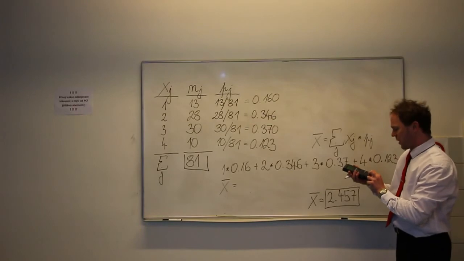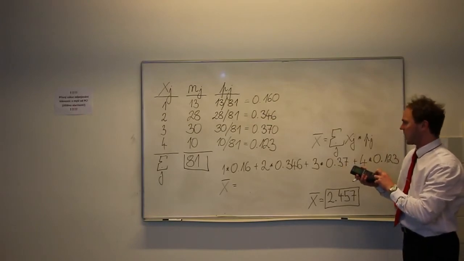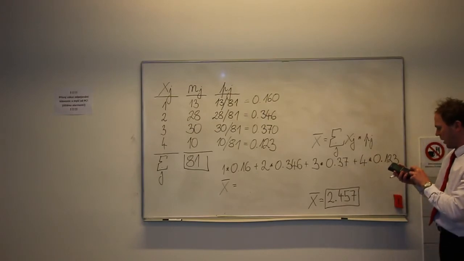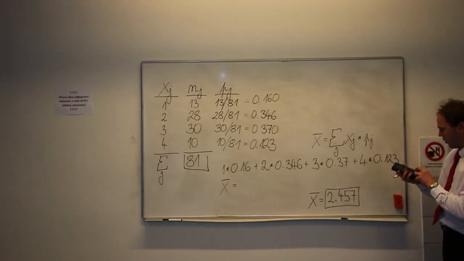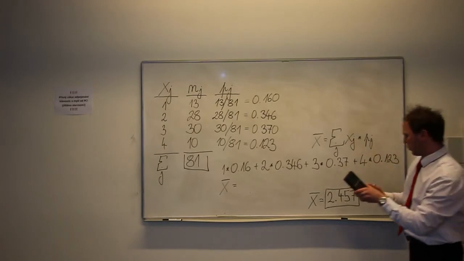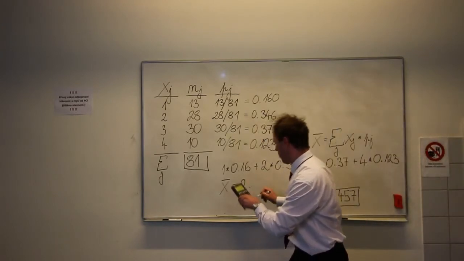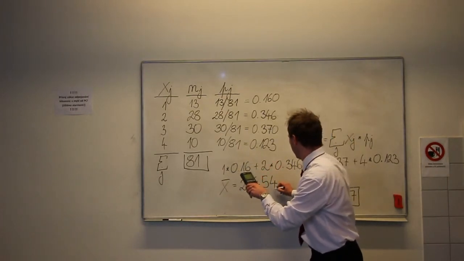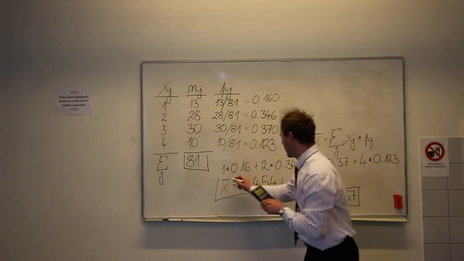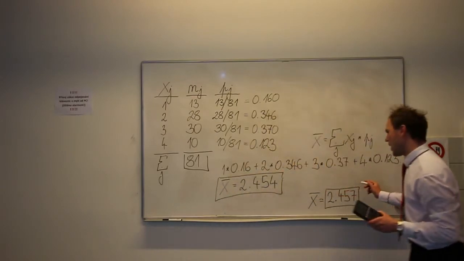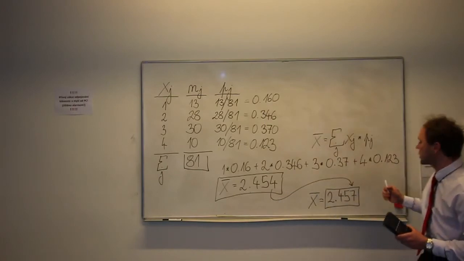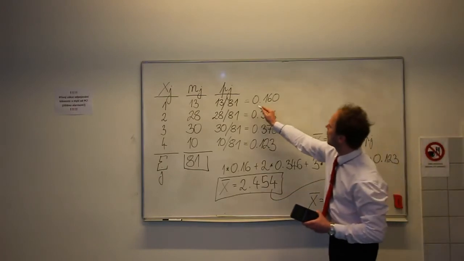Multiplication has bigger priority than summation, so 1 times 0.16 plus 2 times 0.346 plus 3 times 0.37 plus 4 times 0.123 is 2.454. You can see that I have here a small mistake, which is because of decimals.